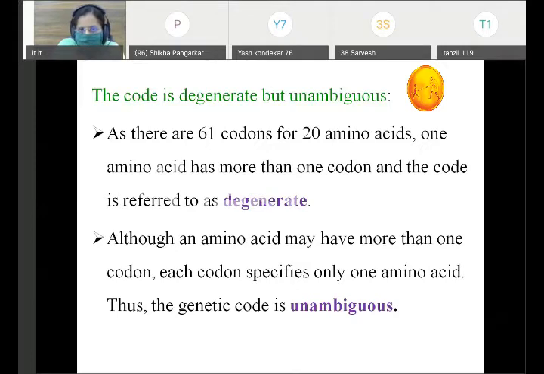So the codon is very specific for an amino acid, but an amino acid can be specified by more than one codon. So this is degeneracy of code and unambiguousness of the genetic code. Okay, so these are the two properties.